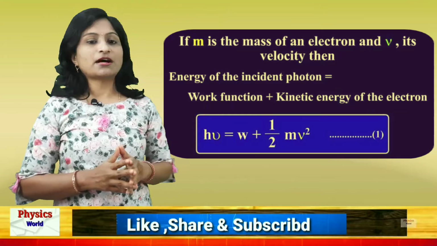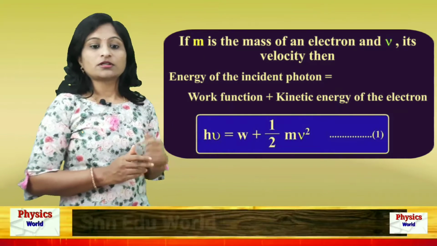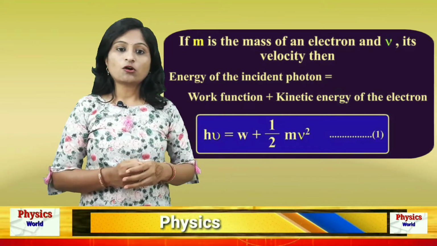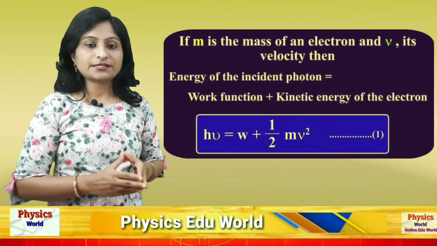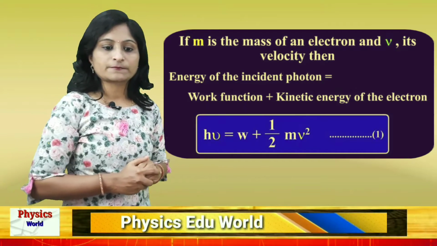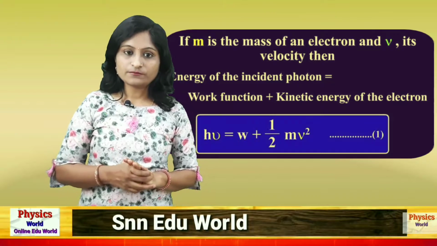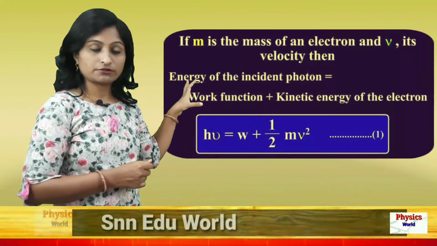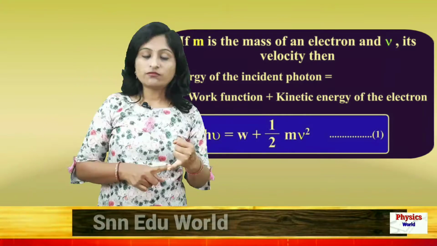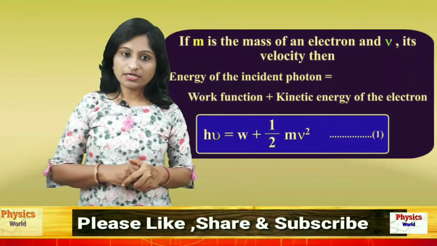Now let m be the mass of the electron and v the velocity. Then the kinetic energy, according to the basic concept, is 1/2 mv square. So the energy of the photon is equal to the work function plus the kinetic energy of the electron.